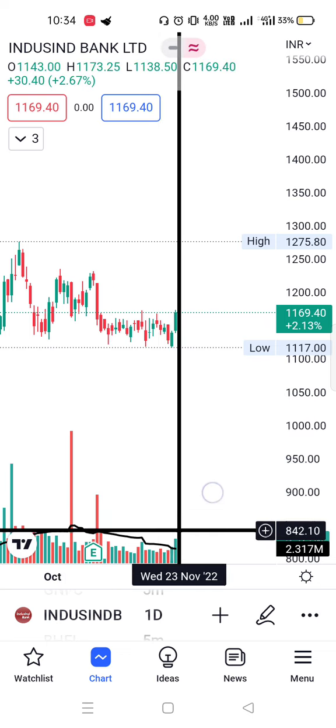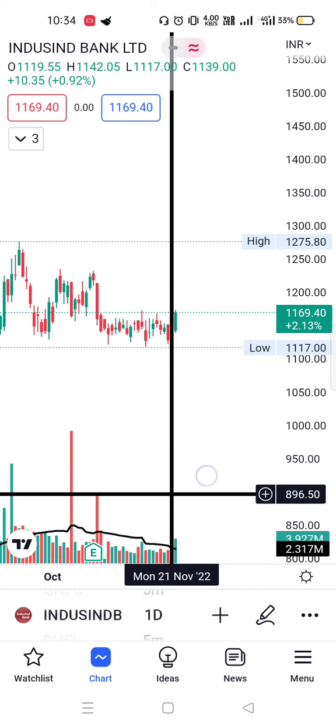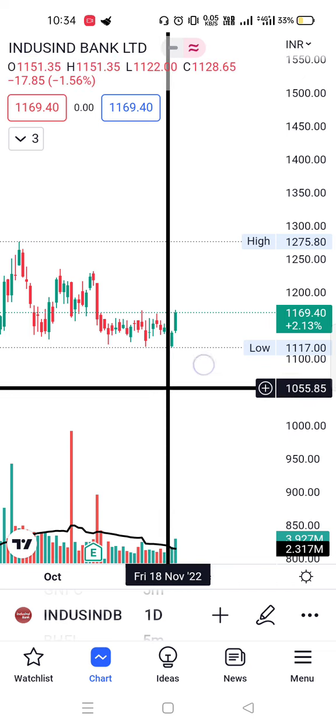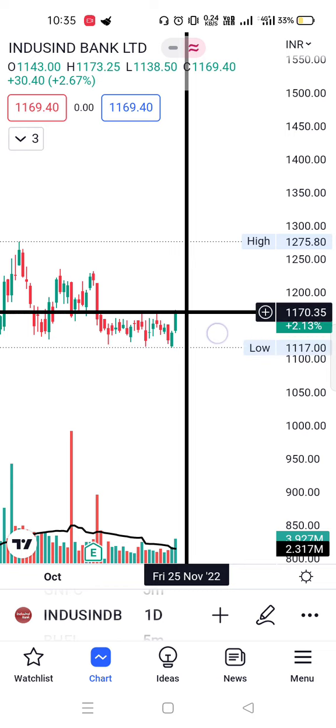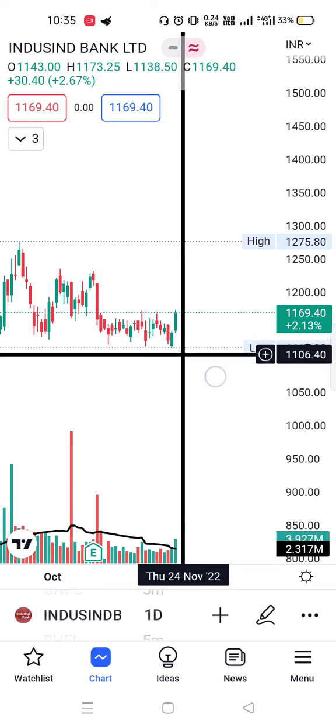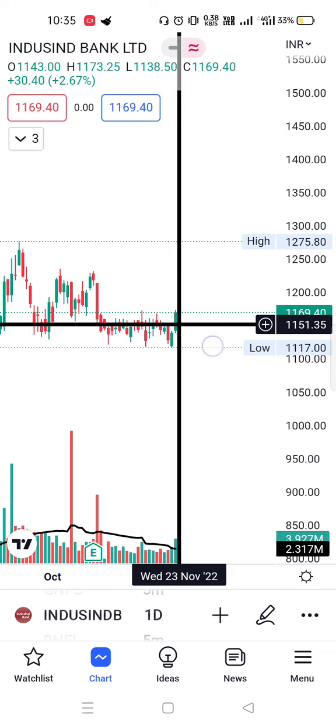So therefore it is not advisable to initiate the trade, and you can refer here, the price of the stock is in a consolidation zone. So it is not advisable to take the IndusInd Bank. If you are comfortable in intraday, then you can initiate, but we do not have any very good momentum with regard to the IndusInd Bank.